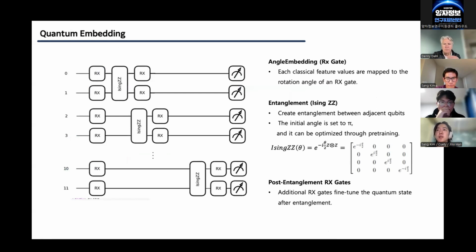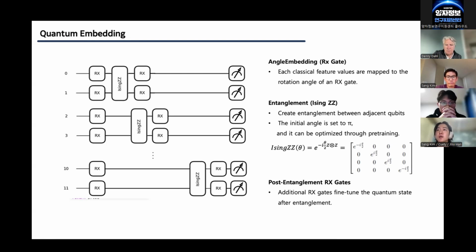Next, let me explain how we embed the feature vector from our medical transformer into quantum information. First, we use the RX gate to encode each feature value as a rotation along the x-axis. In our implementation, we use the angle embedding from PennyLane for this purpose. To introduce entanglement between neighboring qubits, we apply the IsingZZ gate, also from PennyLane.